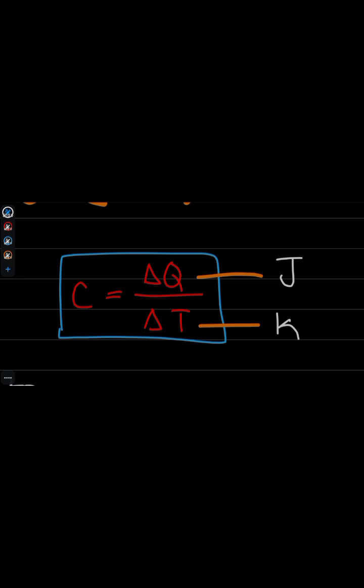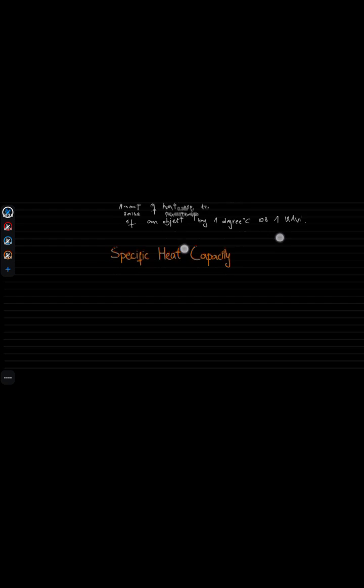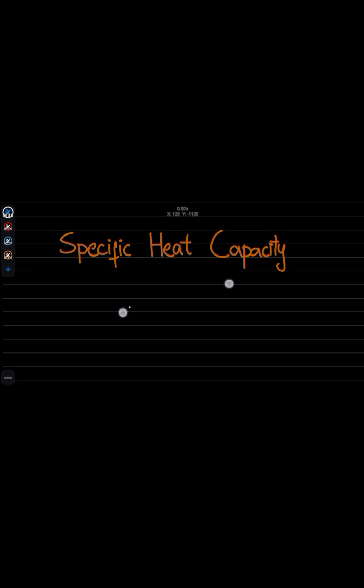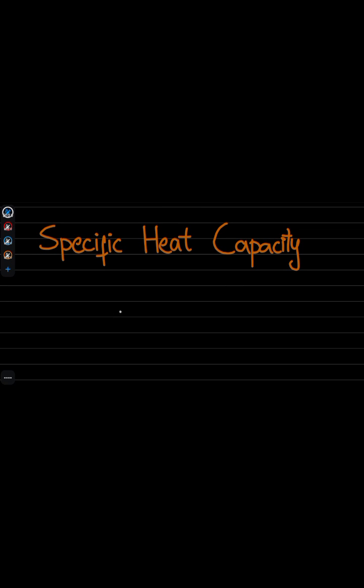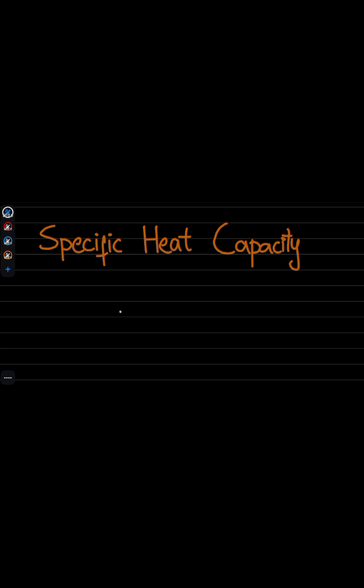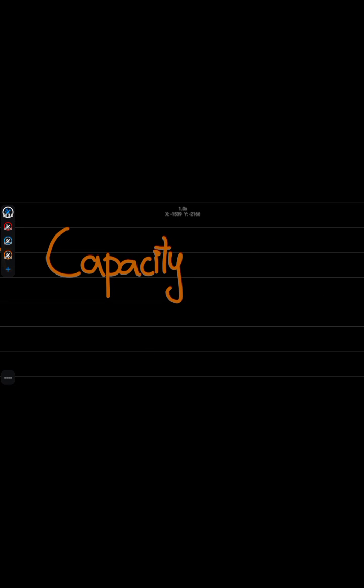Now let's move to specific heat capacity. So what is the specific heat capacity? Let us discuss the mathematical equation first, then we'll move towards the definition. It's denoted by small c.